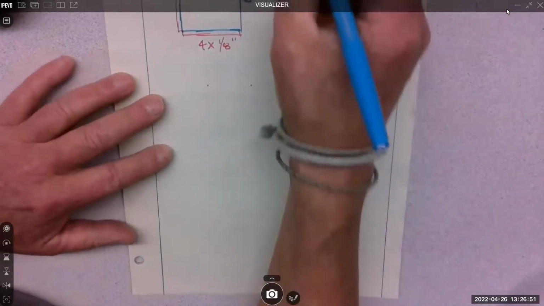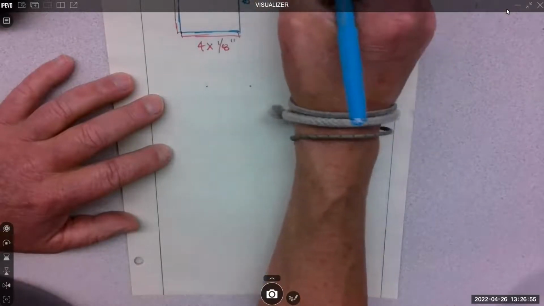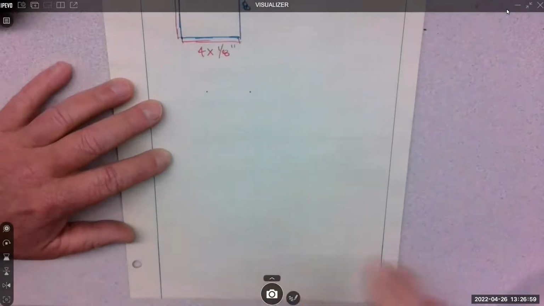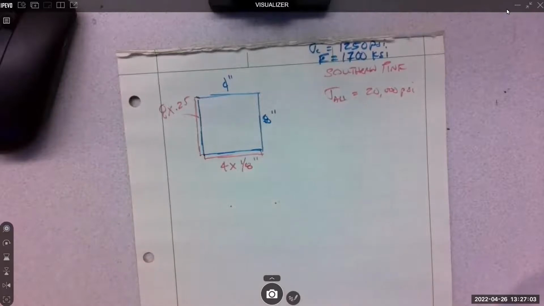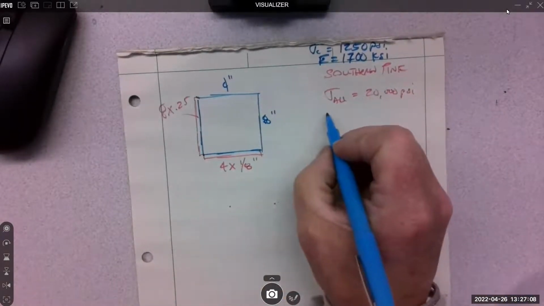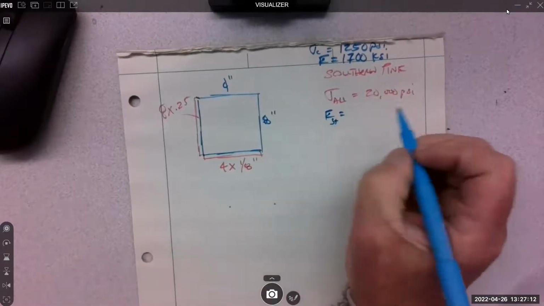And then the compressive stress. Okay. And then we have an allowable stress for the steel at 20,000. And then do we need E for steel? Okay, what did we get?